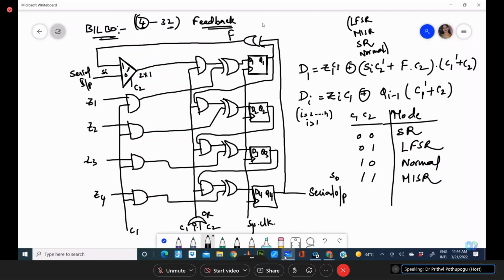This setup is LFSR. This plus of the Z values, plus in the sense not OR operation, I'm saying these two responses, if you take onto XOR, what is it that we are doing? It is MISR, multiple input signature register.